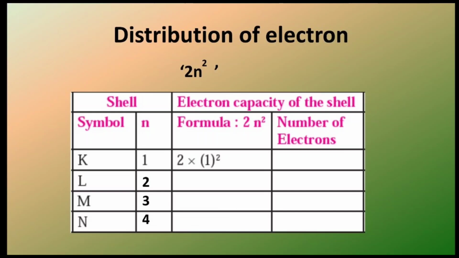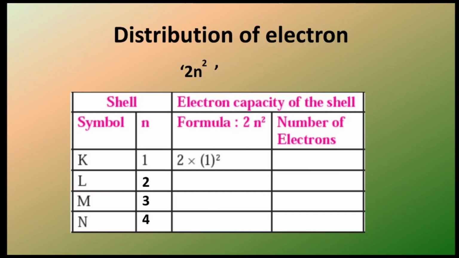Shells are referred to by the symbols K, L, M and N. So the corresponding ordinal numbers of the shells K, L, M, N are 1, 2, 3, 4 respectively. Here you can see the K shell's ordinal number is 1, L shell's is 2, M shell's is 3, N shell's is 4.